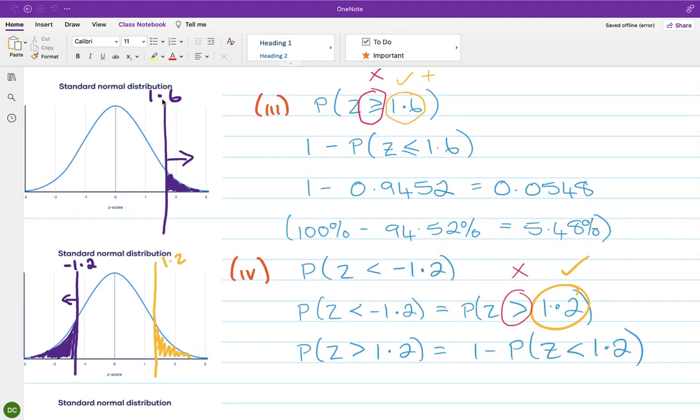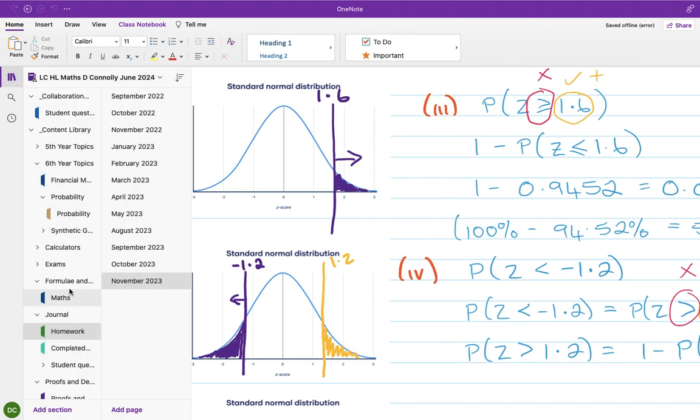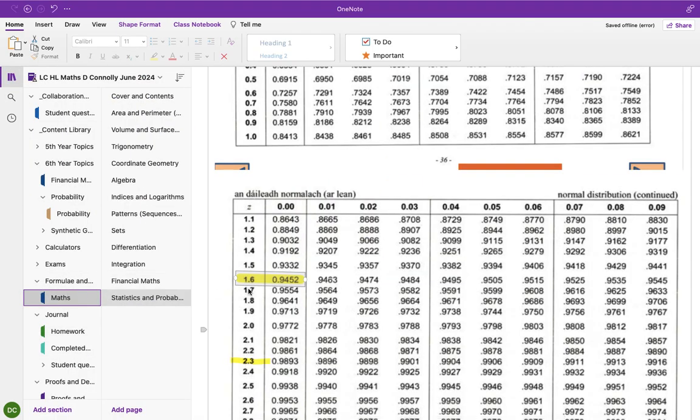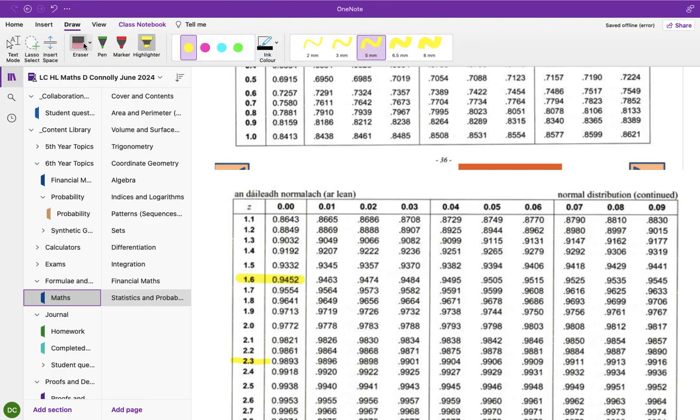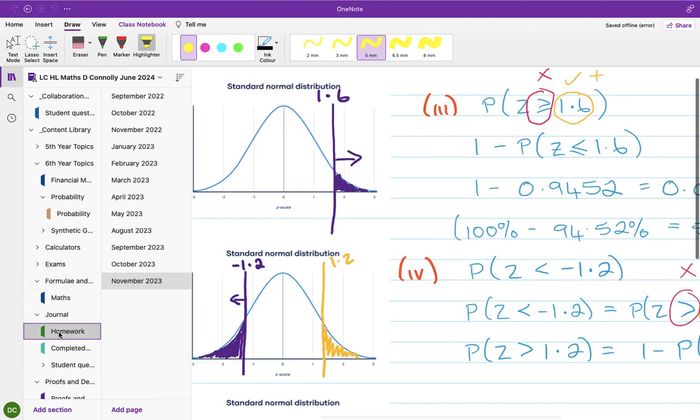So 1.2 here. 1.2, so it's that, and then it's 1.20, so it's that. So 0.8849.